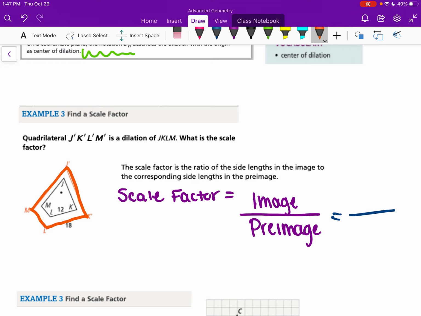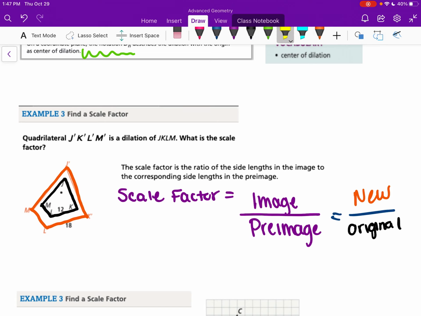That is the image. And remember, the image is your transformed shape, so after the movement. So you could note that as like your new shape. And the pre-image is your starting point, that original or old, however you want to think about it, shape.